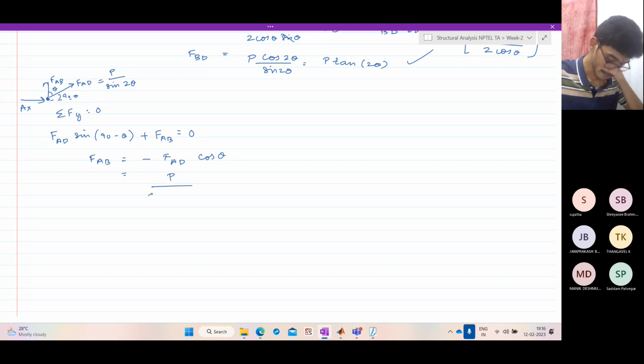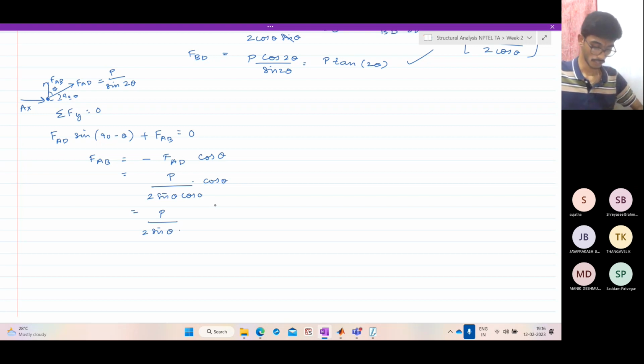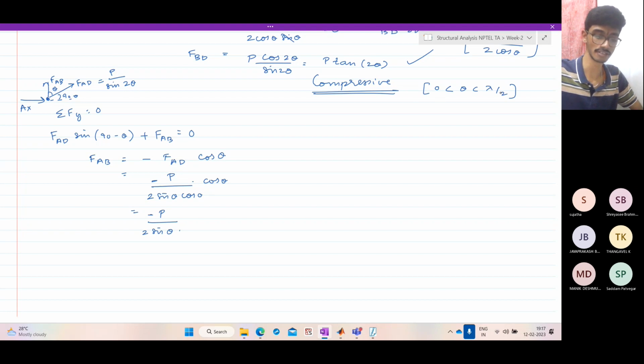We get P by 2 sine theta cos theta multiplied by cos theta, which is nothing but P by 2 sine theta. So minus P by 2 sine theta. So what is the maximum compressive force? When theta lies between 0 to pi by 2, which is realistic, 0 to 90 degrees, we get maximum compressive force as P by 2 sine theta.